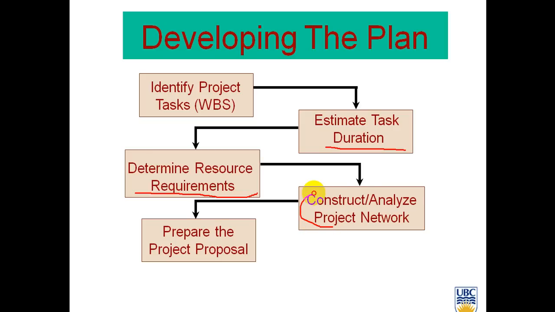Then we have to develop the project network analysis structure, which we will talk about when we get to the PERT chart. Finally, we would have a project proposal and a roadmap, which is right at this stage.